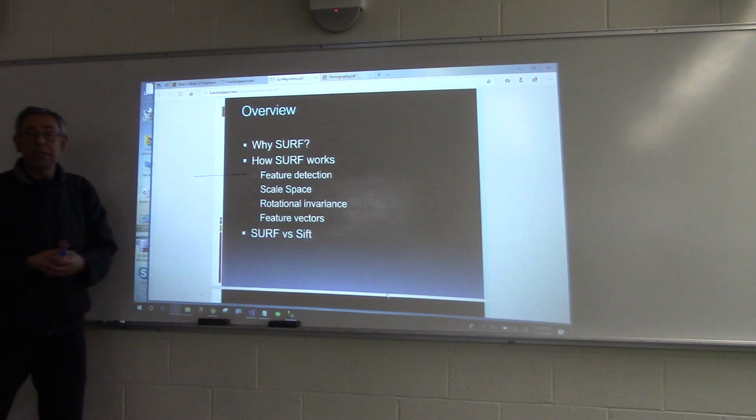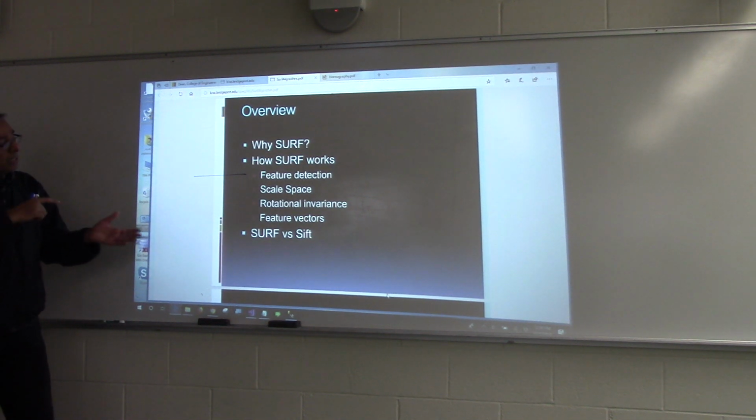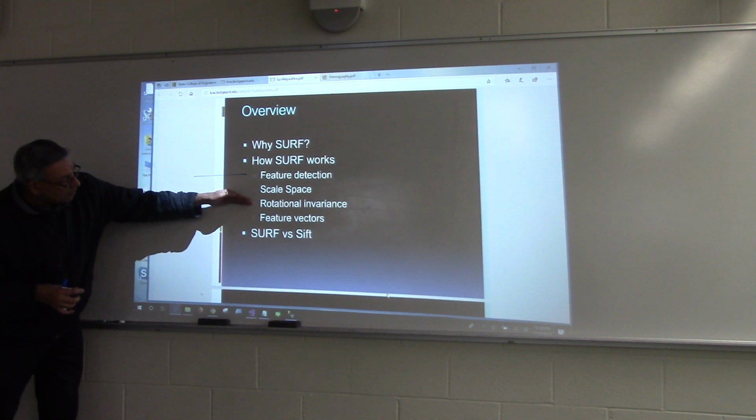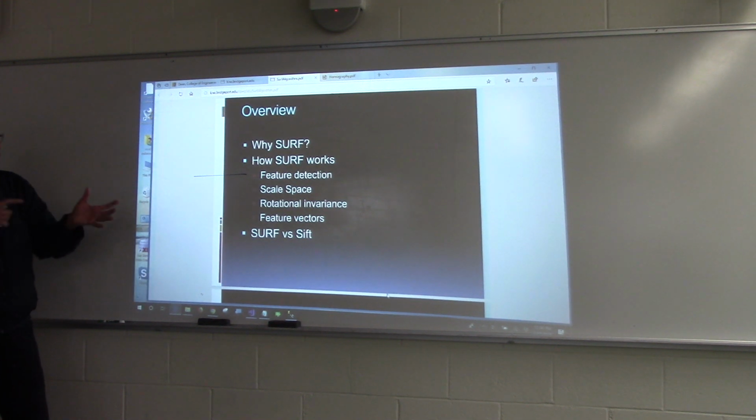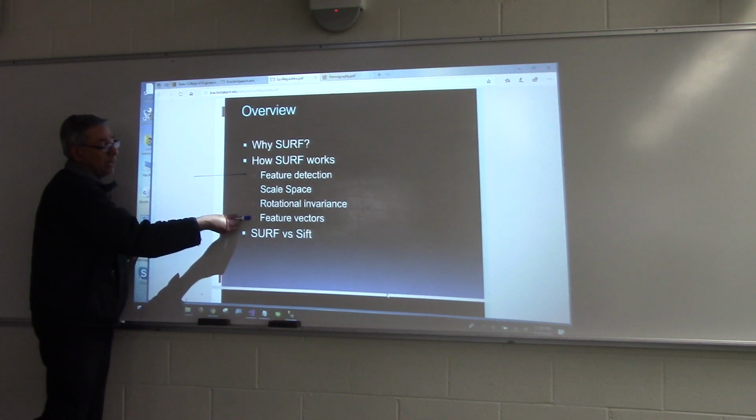Then rotation invariance will further apply some kind of rotational mathematics over here so that we can eliminate those features which don't show up as we rotate the image. And lastly, we'll add all the information to whatever points are left.